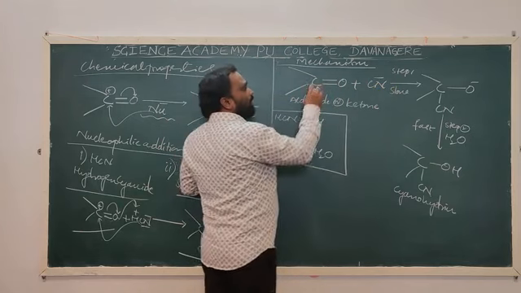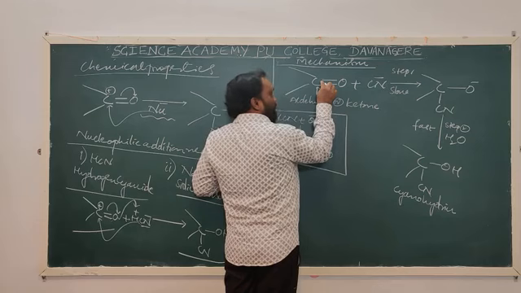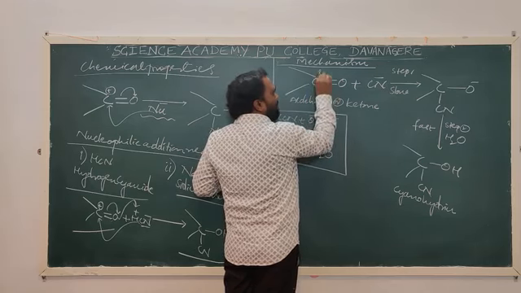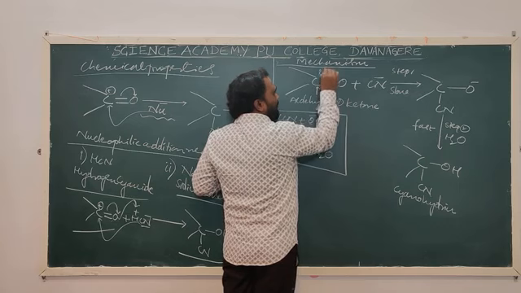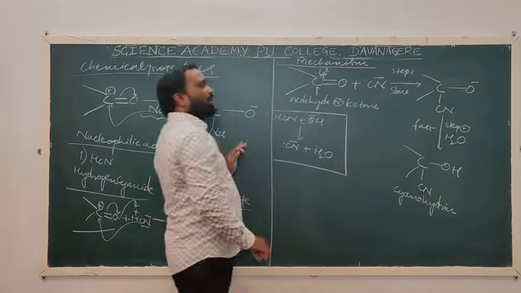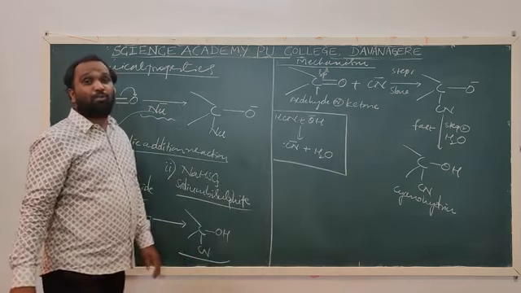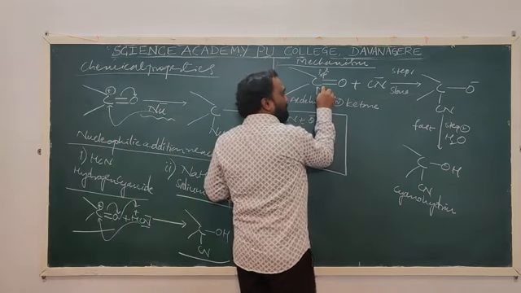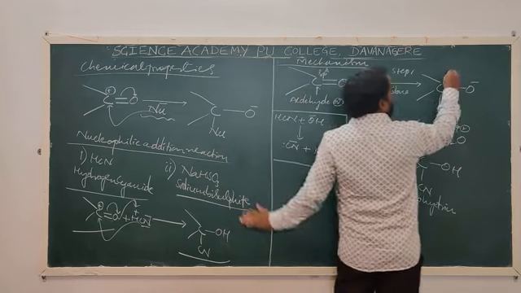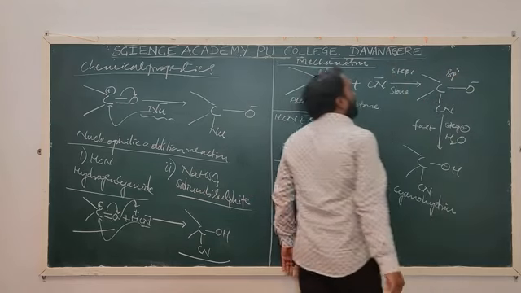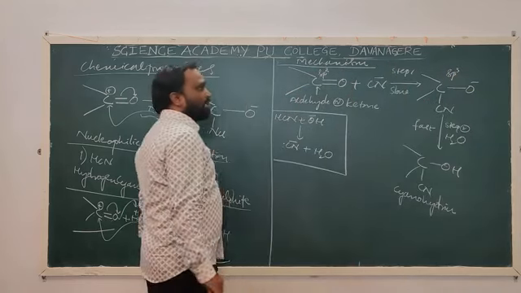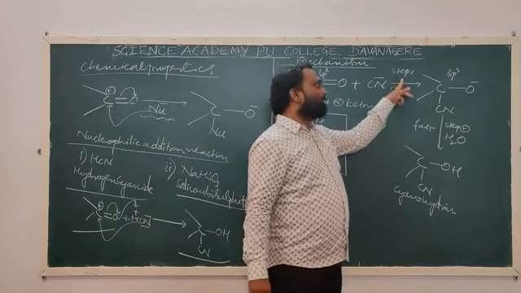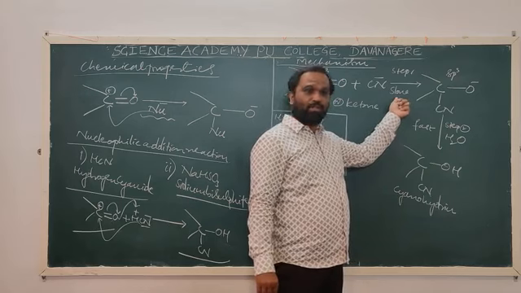Before the attack of CN minus, what is the hybridization of the carbonyl carbon? It is sp2 hybridized. When the nucleophile attaches to this carbon atom, it is converted into sp3 hybridization. So the attack of CN minus on the carbonyl carbon is the first step, which is a slow step.